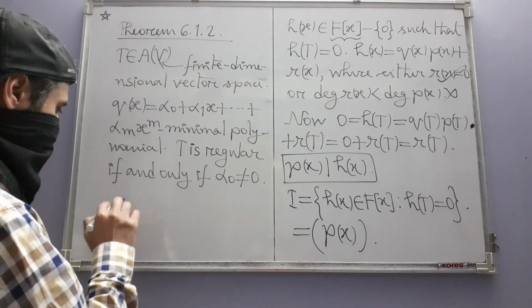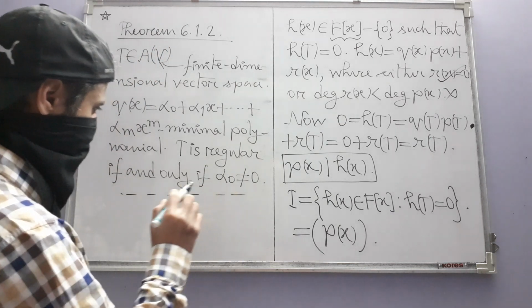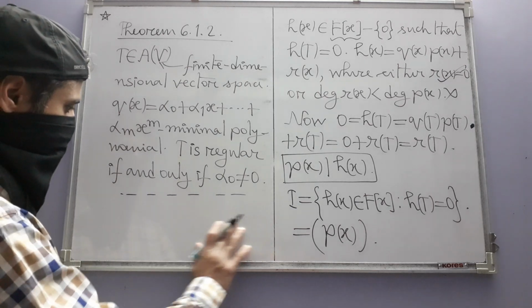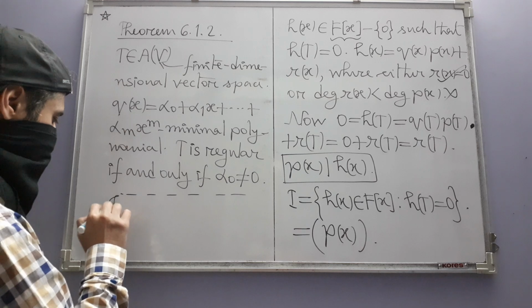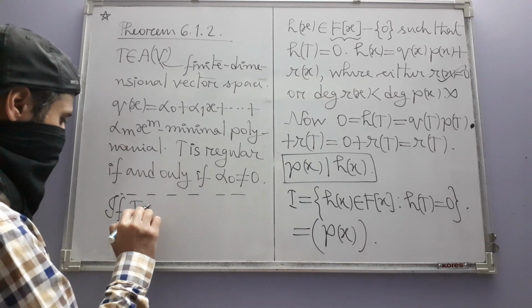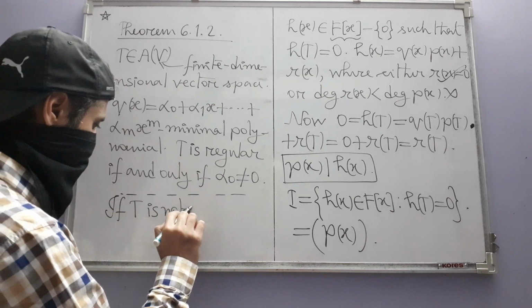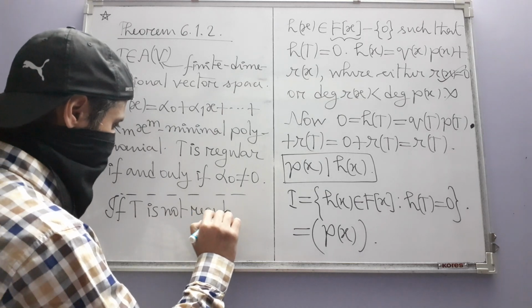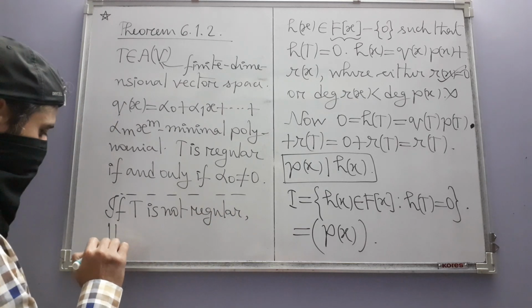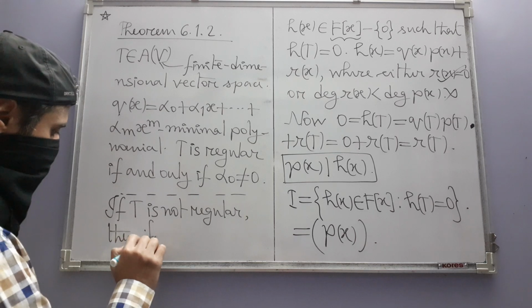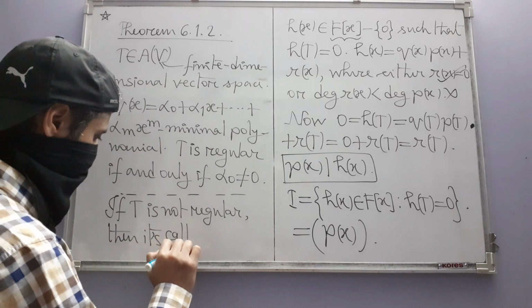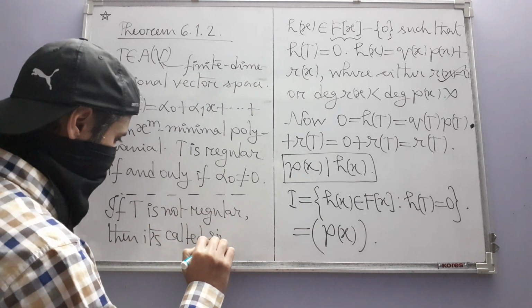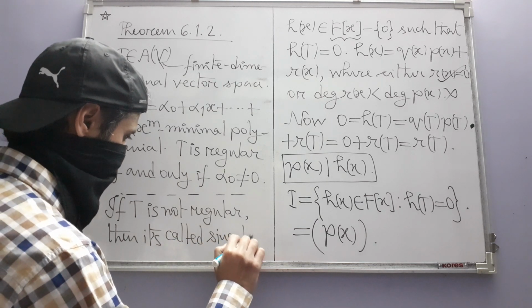And I forgot this part also. In the definition, after the definition of regularity, this one line comes: if T is not regular, then it's called singular.